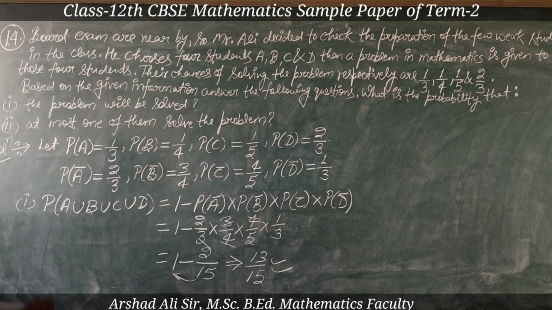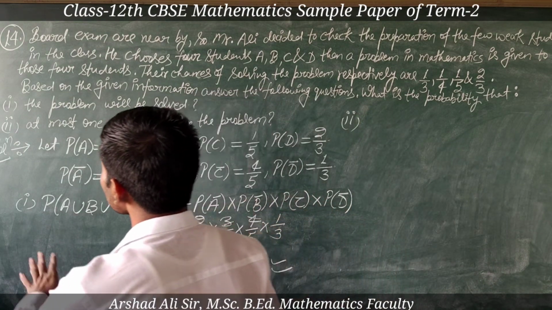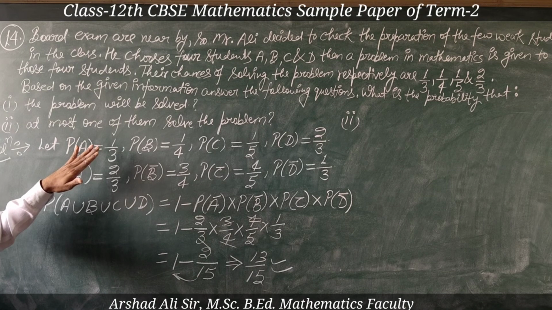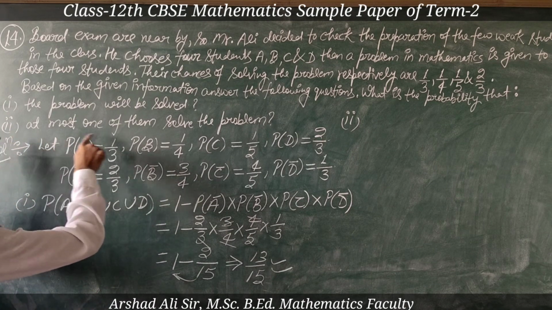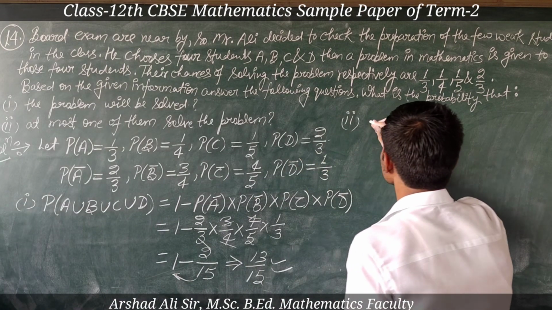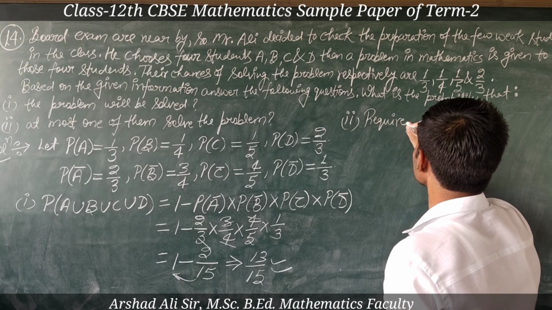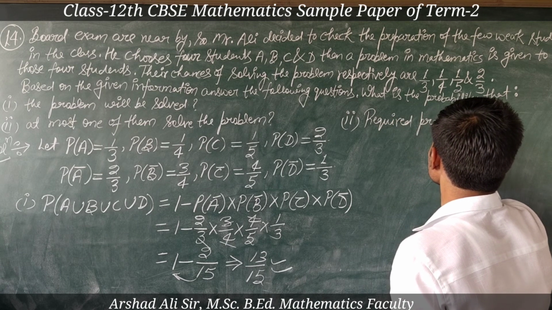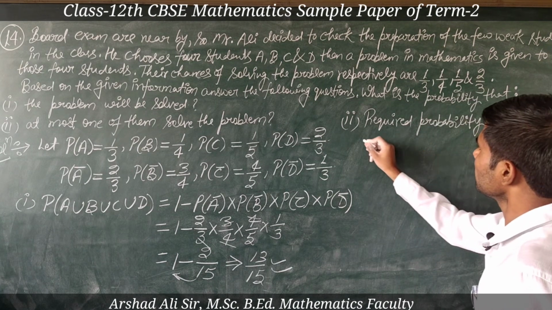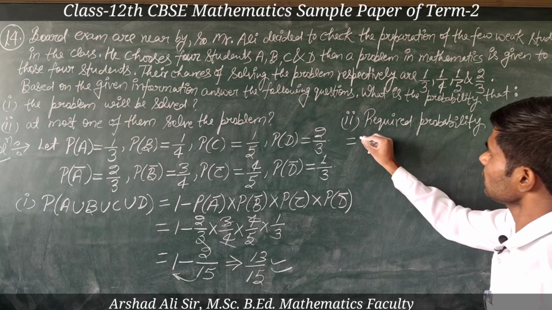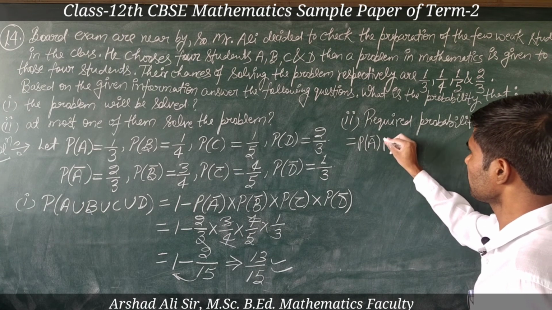Okay, now in the second part, we are given that at most one of them solves the problem. It means none of them solve the problem. It is part of this sentence. So here we can write the required probability is equal to, so A does not solve the problem, it means P(A bar).